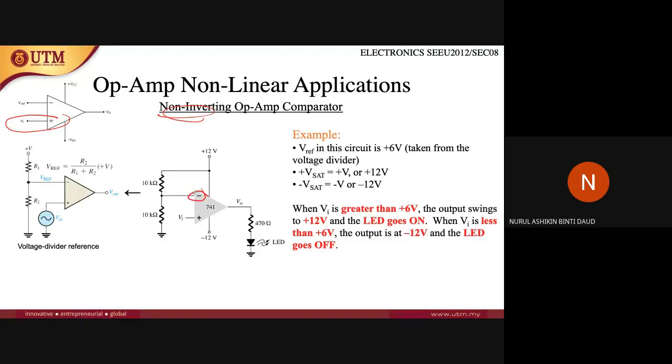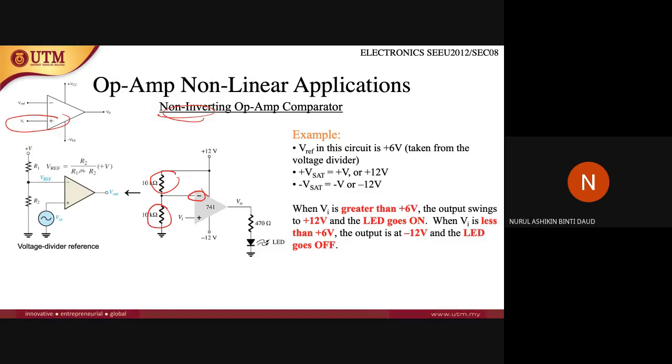The negative or inverting terminal is supposed to be a fixed value. In some cases, the fixed value at the inverting terminal looks like this, where there is a parallel resistor connected, where one is grounded and the other one is connected to the DC supply here.